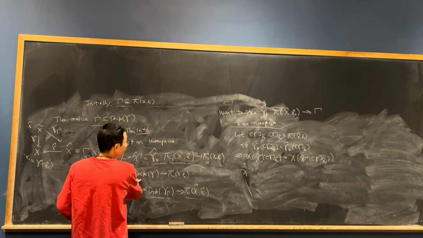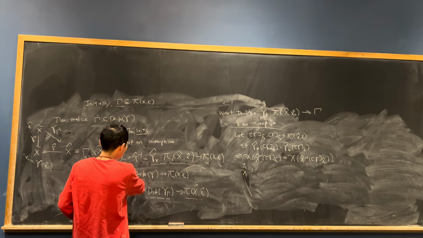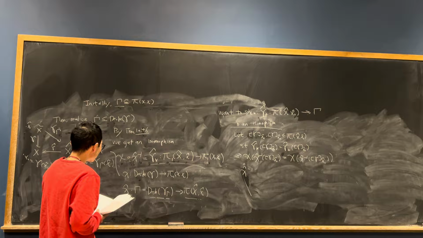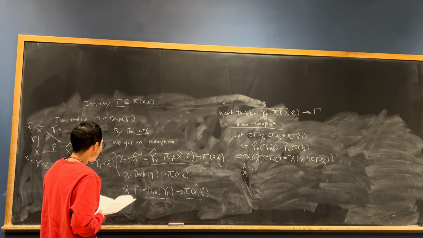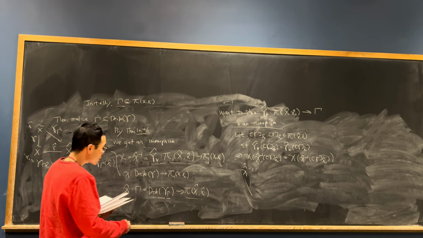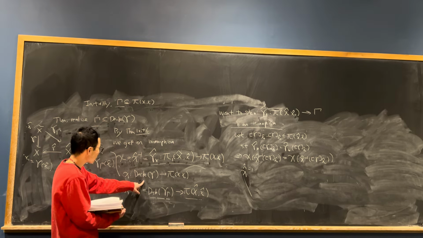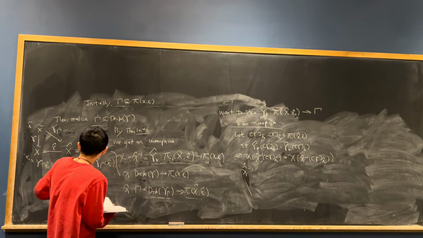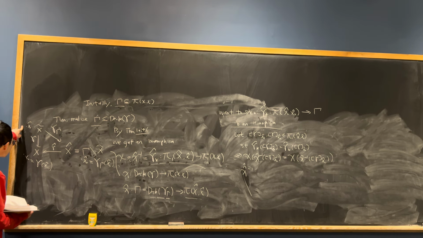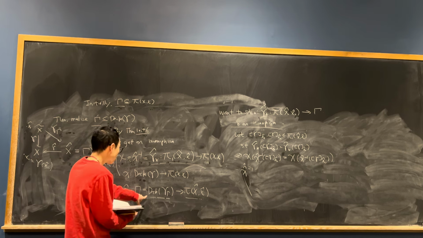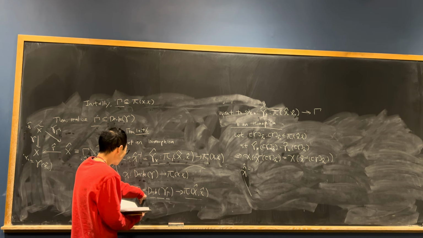So, I think in this case, the deck transformation group is a bigger group, right? Because we know that this is the deck transformation of the variable gamma, right? And then this is to pi 1 of x naught, right? So this is the deck transformation group, but this is the deck transformation group of this map.